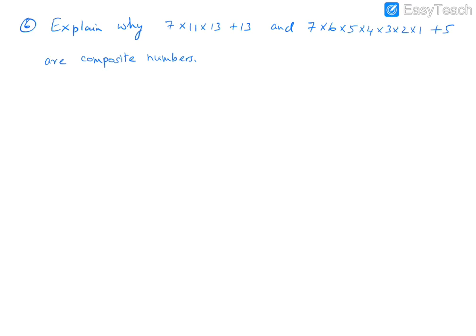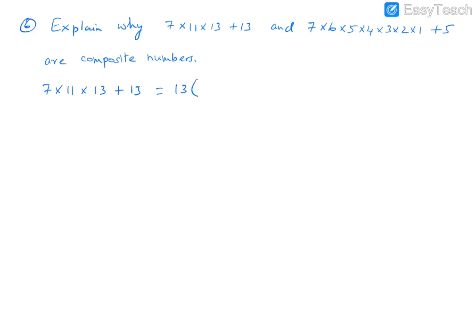So let's take each of these. 7 into 11 into 13 plus 13. We need to show that this number can be represented as a product of prime factors. Since we have 13 here and here, we can take 13 as a common factor.